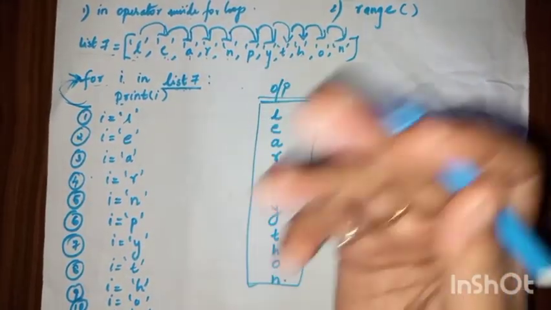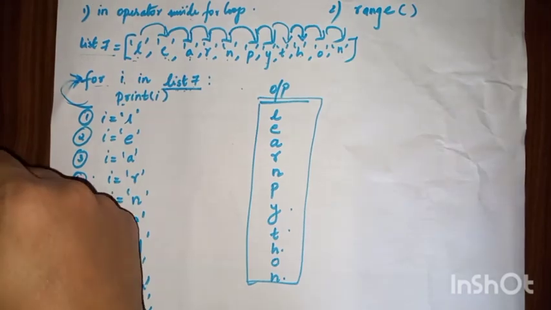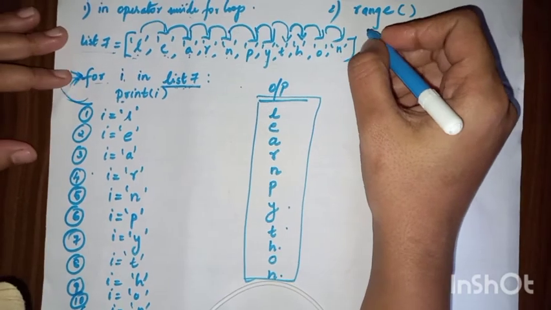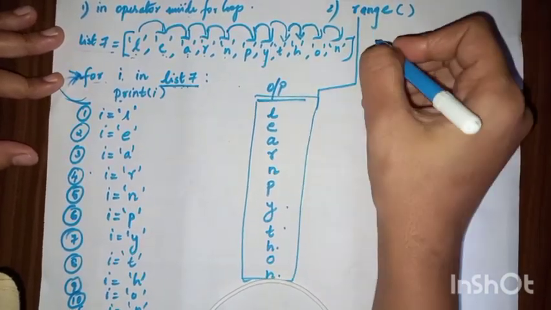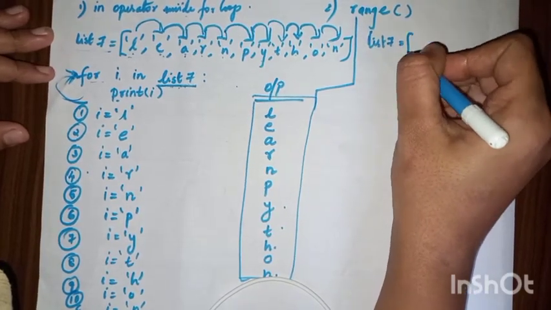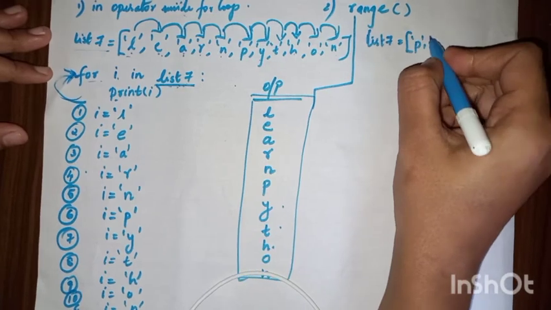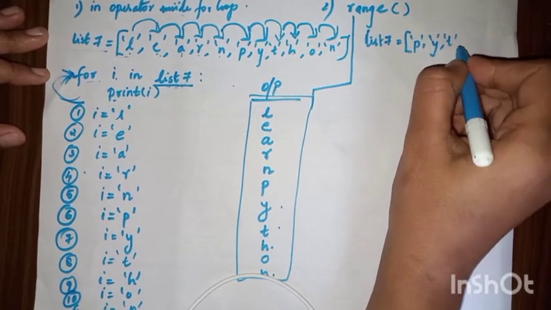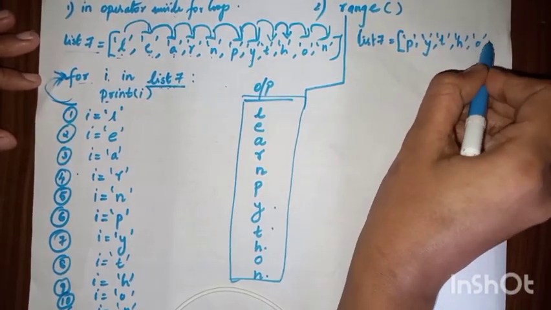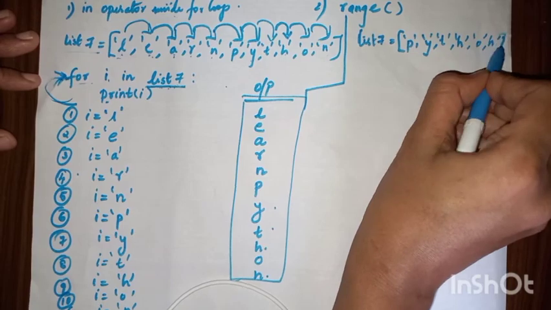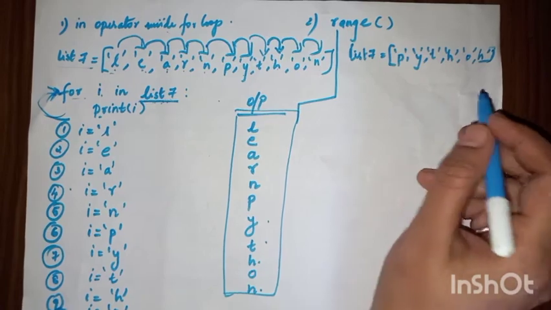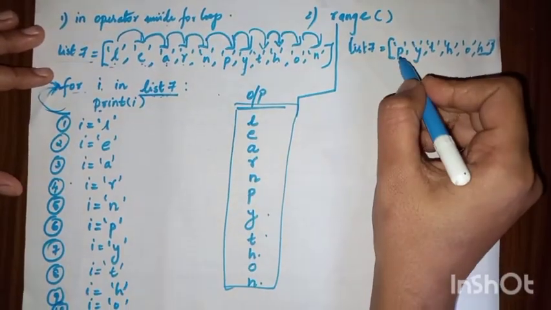The next method of traversal is based on the range function. So we are considering a list: list 7 is equal to P, Y, T, H, O, N. This is a list PYTHON containing strings.